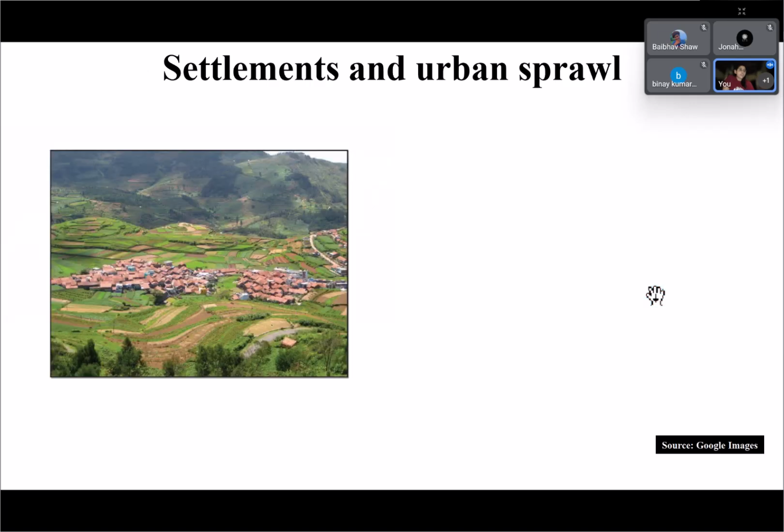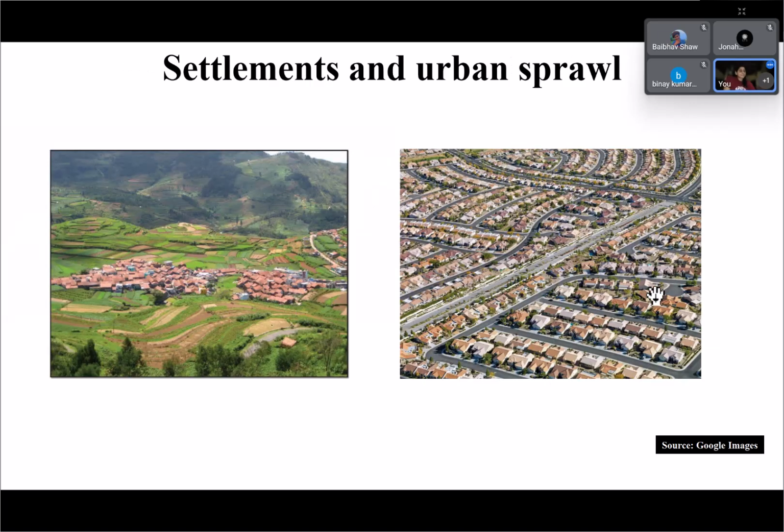And then lastly, we have discussed settlements, which is basically how humans are staying or present, and that's okay if they stay nearby or isolated. What is problematic is urban sprawl, which is basically urbanization. Now you can imagine increased urbanization with usage of more resources, more land space, less nature around you. So urban sprawl is the problem related to settlement.